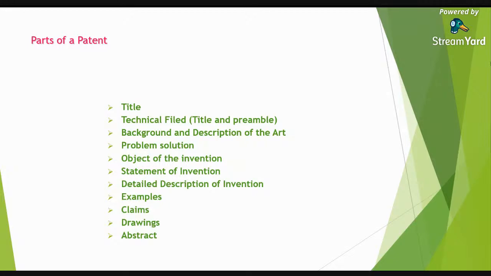So what was the background, and from the background what was the problem in the prior art, and why did you choose to work in that area. So what is the surprising solution that you've got? Suddenly you were working on a process at very high temperature.